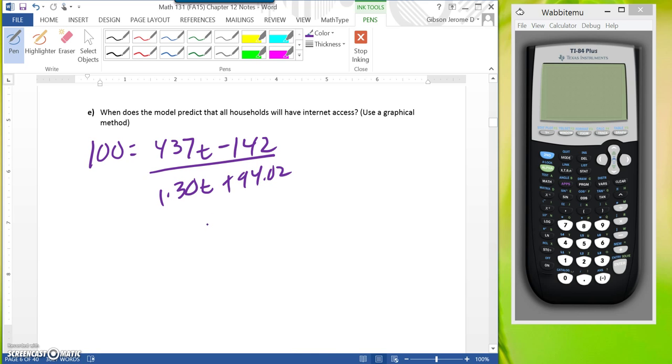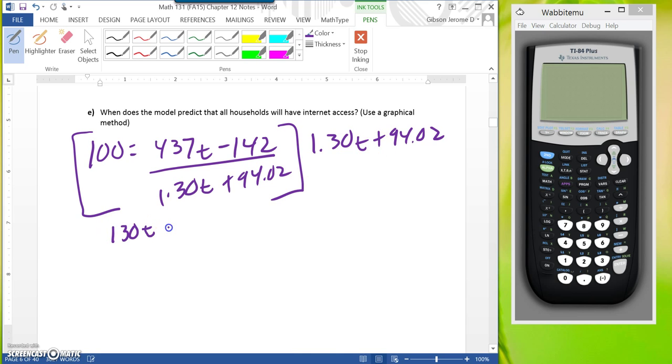We can go through the process of solving for t, or we could multiply each side by this denominator, 1.30t plus 94.02. We know we will have 100 times this, so it would be 130t plus 9,402 is equal to 437t minus 142.